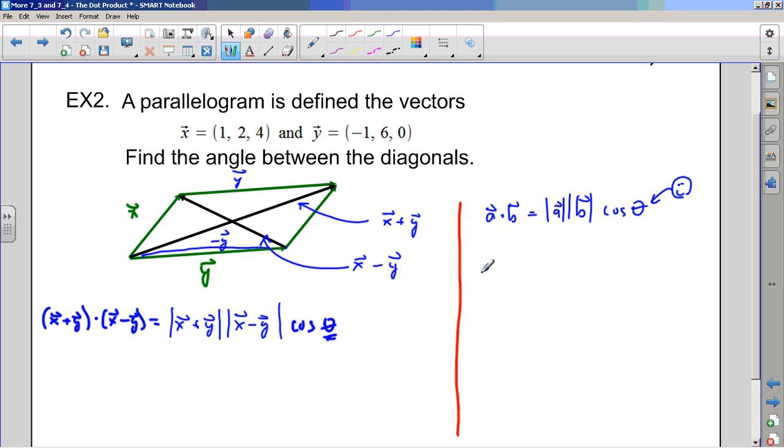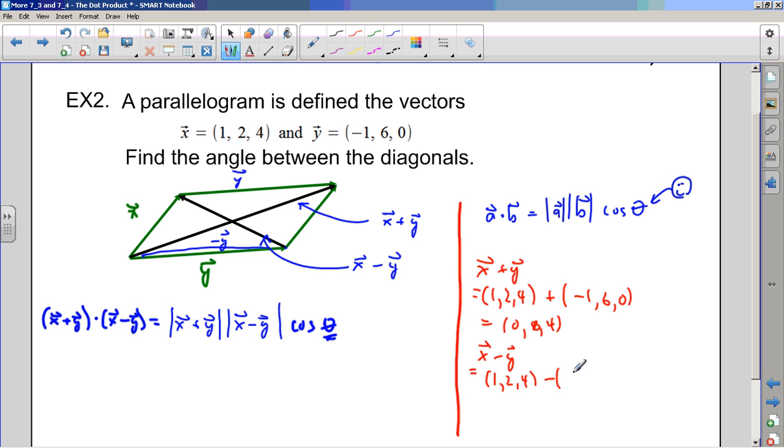So first of all, x plus y is just a little bit of algebraic vector action. 0, 8, and 4. x minus y is 2, negative 4, 4, I believe.